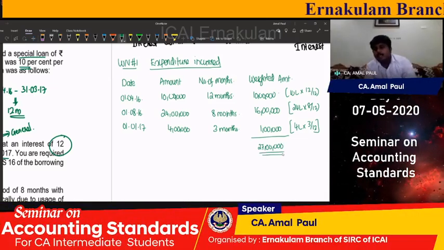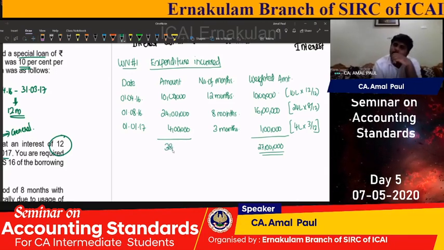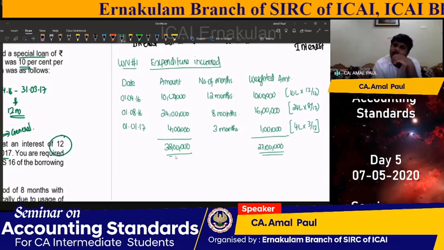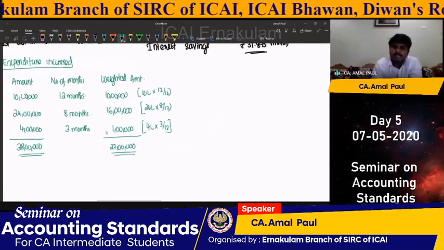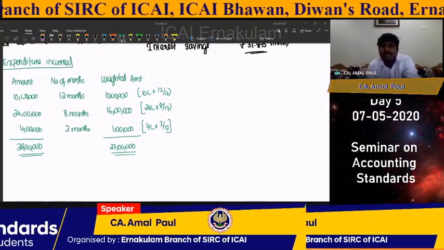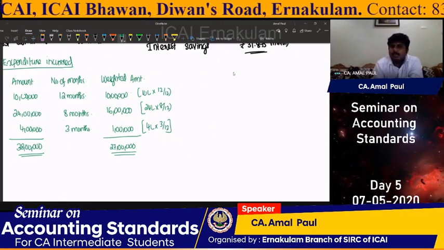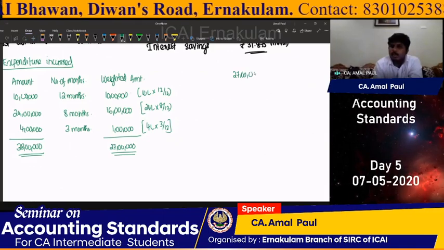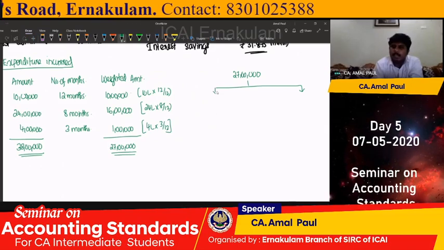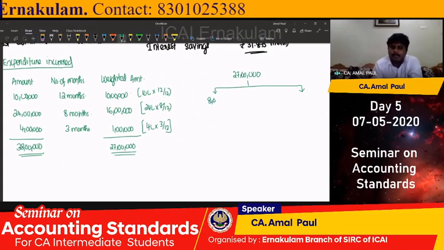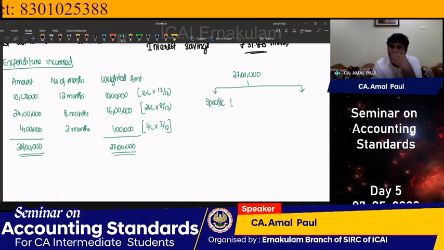You had totally spent 38 lakhs, but after considering time weighting factor, your weighted expenditure is only 27 lakhs, out of which 8 lakhs is your specific borrowing.